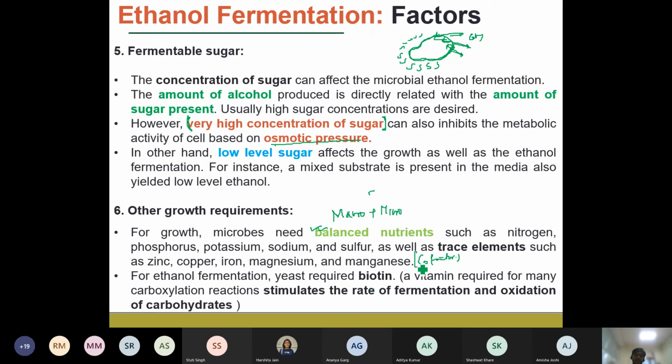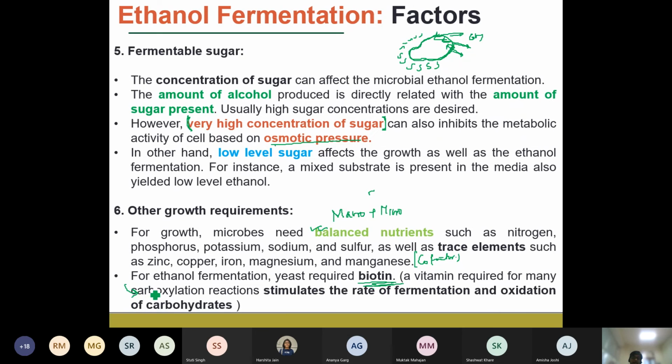In the case of ethanol fermentation, if you are working with Saccharomyces cerevisiae, which is nothing but the yeast, it requires a vitamin, a component called biotin. It is a vitamin required for the carboxylation reactions, to stimulate the rate of fermentation and oxidation of the carbohydrate.